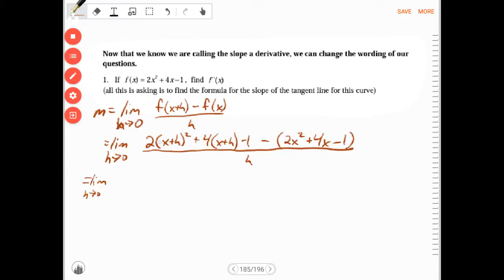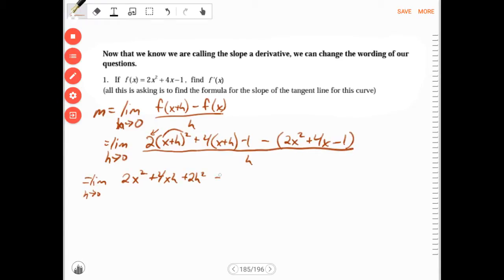Then we're going to expand this out. That's going to be x squared, but I'm going to times it by 2 all in one step, so that's going to be 2x squared. The middle term is going to be 2xh, and then times 2, so plus 4xh. Then h squared, and of course times 2, so plus 2h squared.